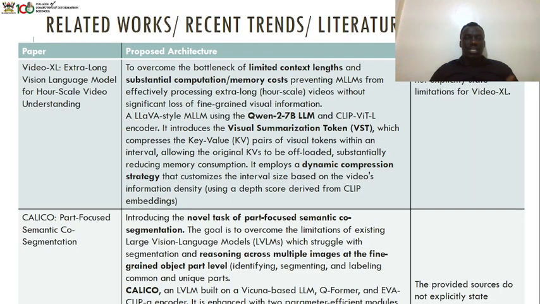So the challenge here was to overcome the bottleneck of limited context length and substantial computational and memory costs, which prevents MLLMs from effectively processing extra long videos without significant loss of fine-grained visual information. And then now the limitations. Here, the provided source never had any limitations.